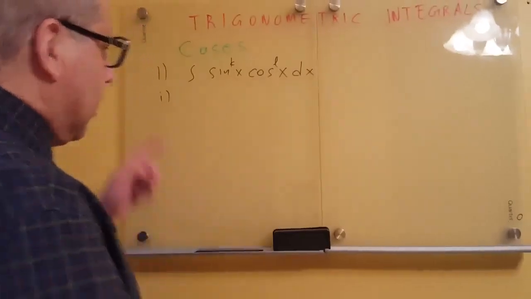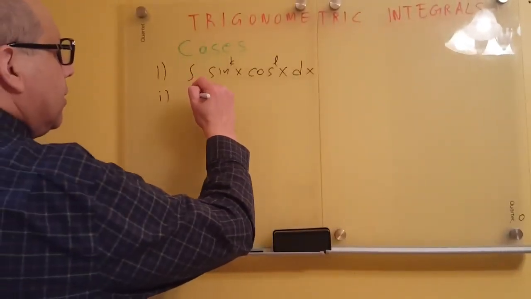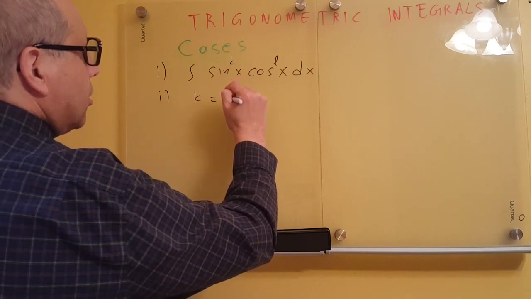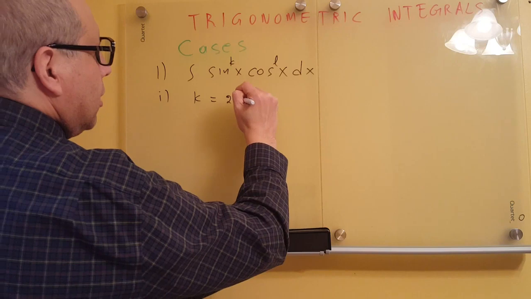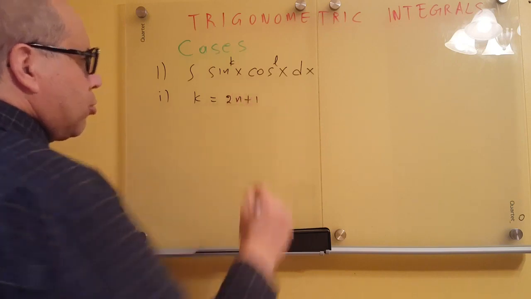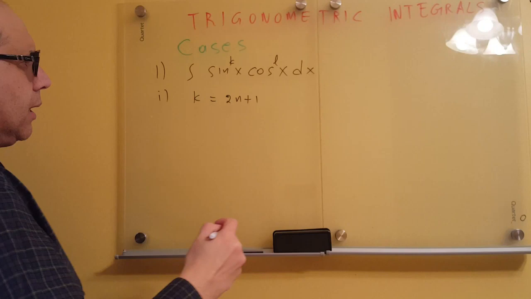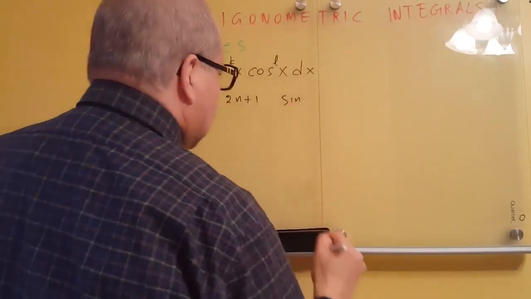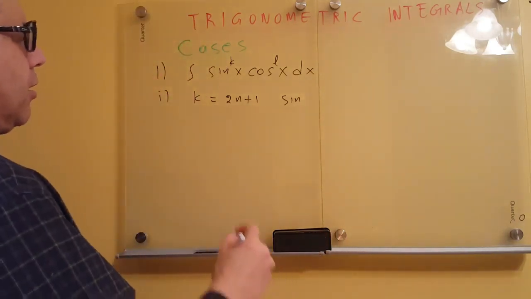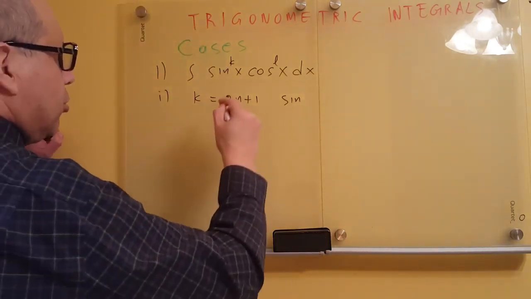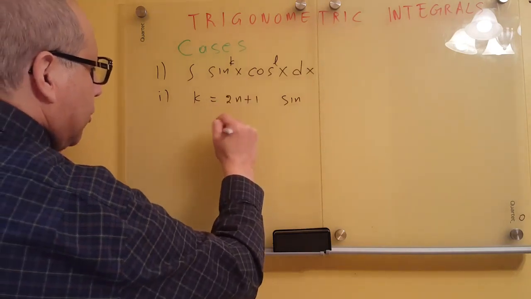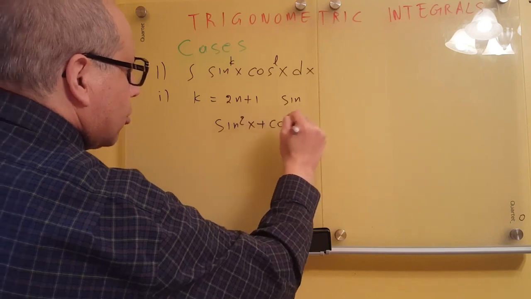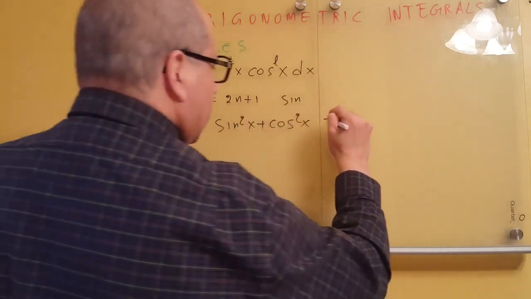Let's say the first one: if k is odd, so you can write it as 2n plus 1, what you do is you save a power of sine, and then you substitute the rest from the formula sine square x plus cos square x is equal to 1.